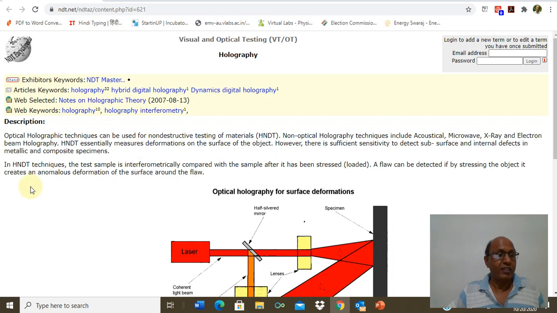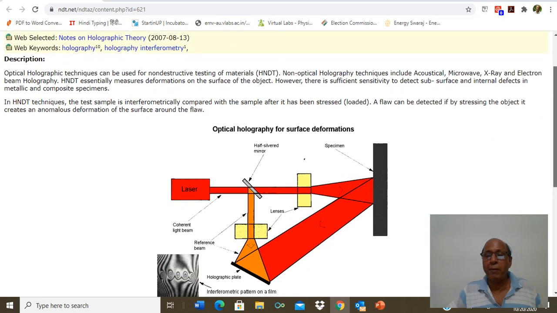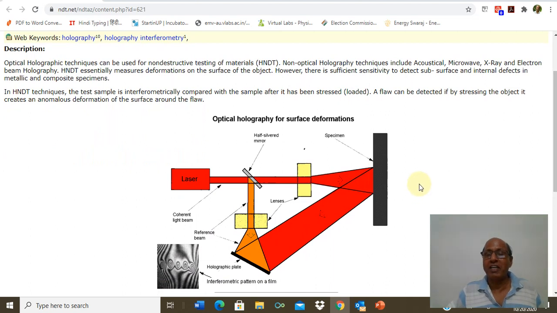In the holographic non-destructive techniques, the test sample is compared interferometrically. That means interference fringes will be compared with the sample after it has been stressed. That means you compare the two states of the material. And you see here the schematic. A laser source is there.